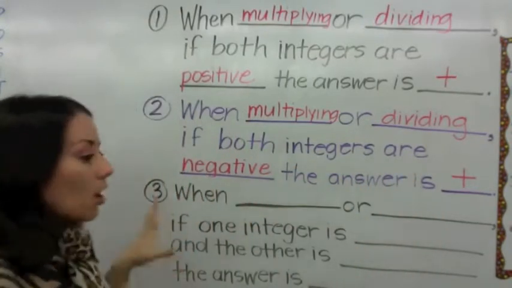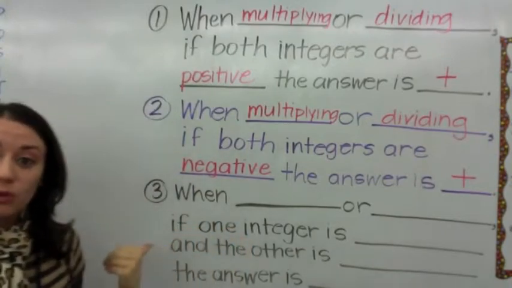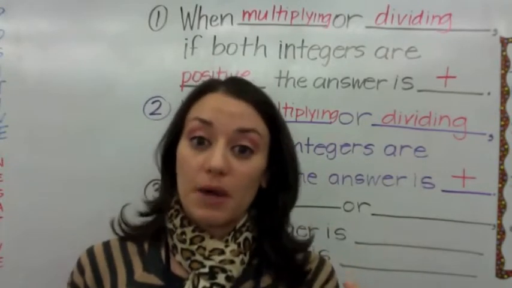All right. Now sometimes you're going to work with integers in rule 3 where one is a negative and one is a positive.